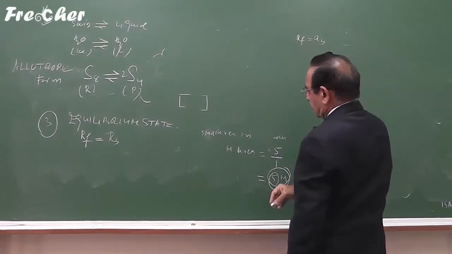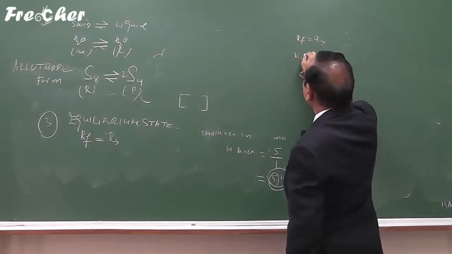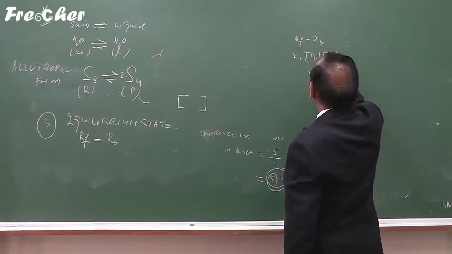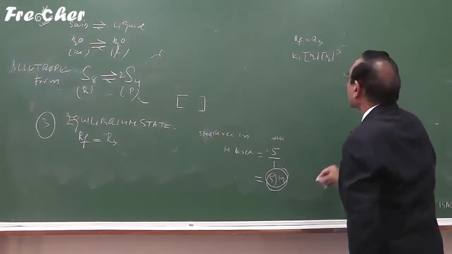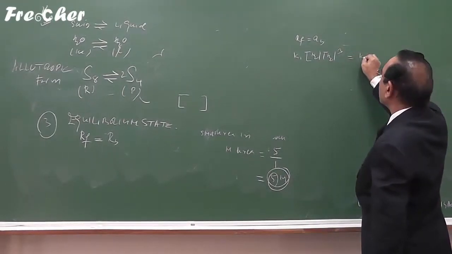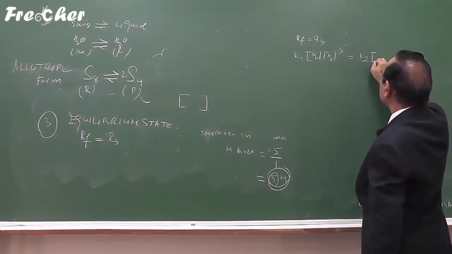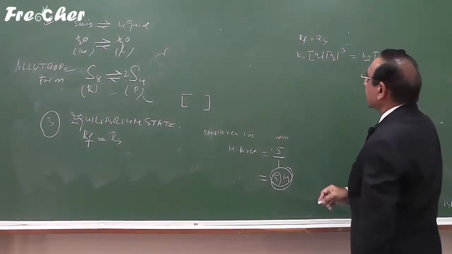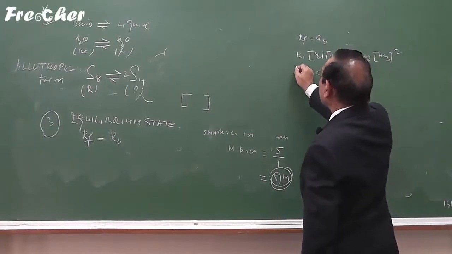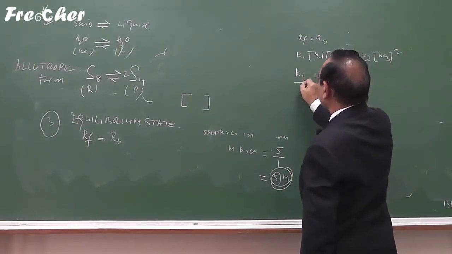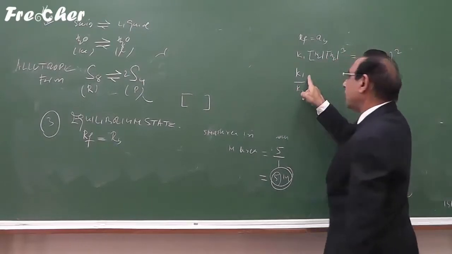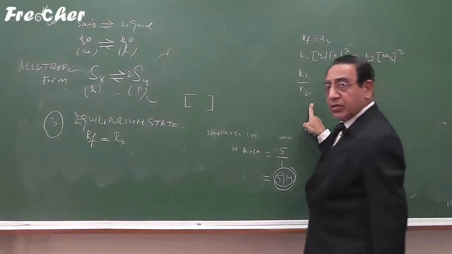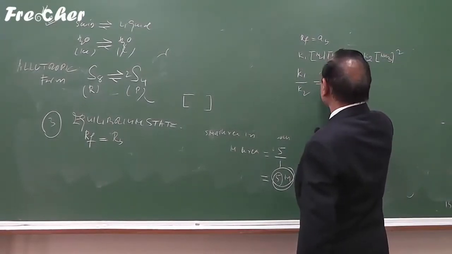Both are equal. So we can write K1 N2 H2 to the power 3 is equal to K2 ammonia power 2. So we can write K1 by K2. The ratio of rate constant forward to rate constant backward is known as Kc.